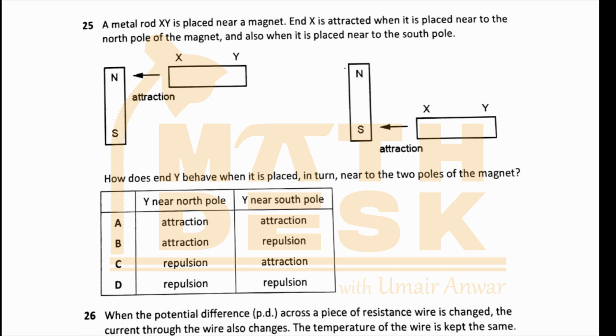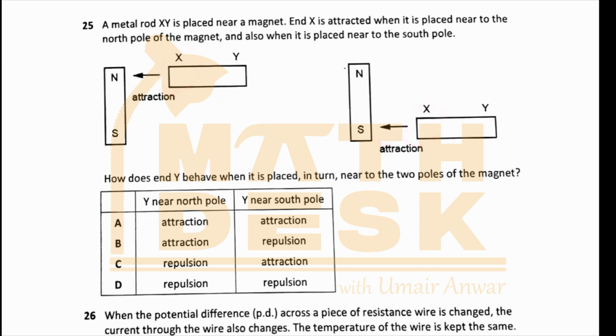The next part says a metal rod XY is placed near a magnet and X is attracted when it is placed near to the north pole of the magnet and also when it is placed near to the south pole. So in both cases we have attraction when the end X is placed near the north and when it is placed near the south.